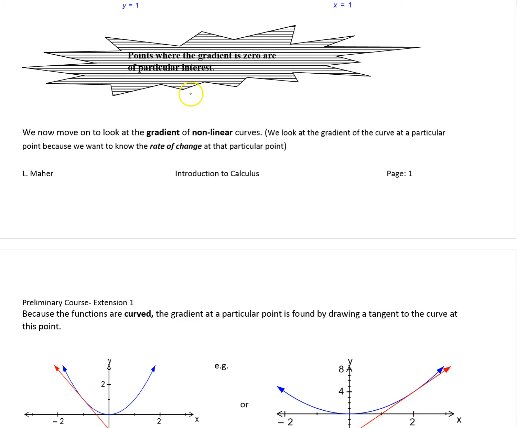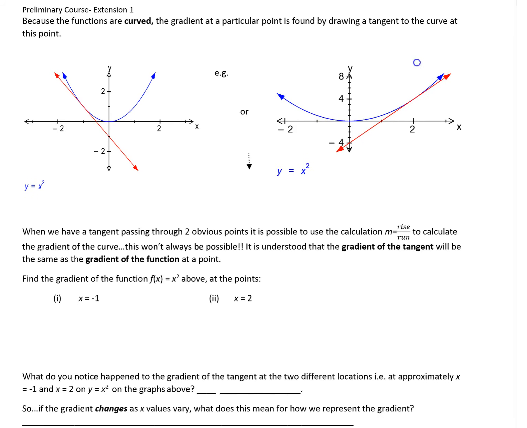It tells us lots about, if you can remember this, maximum velocity, minimum velocity, etc. Gradients of zero are usually connected to maximum points and minimum points. And like I said, there'll be a lot more on that as we move on to applications.